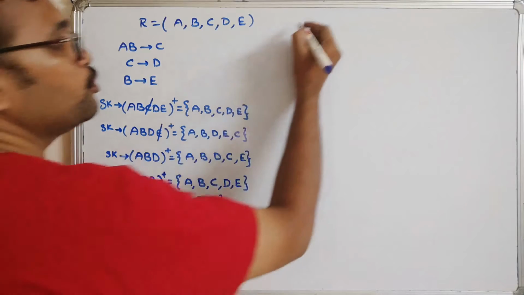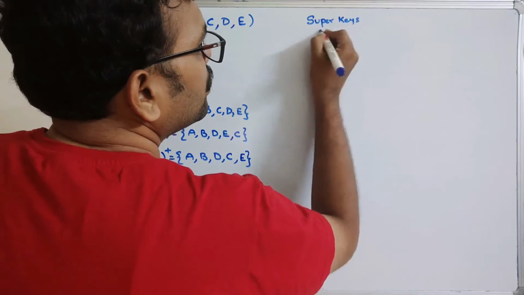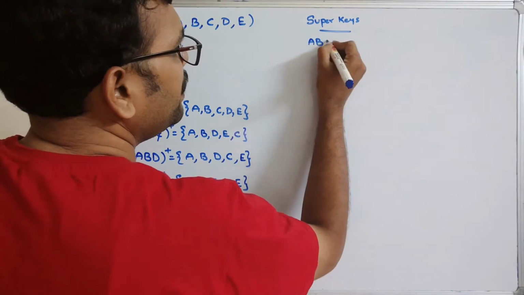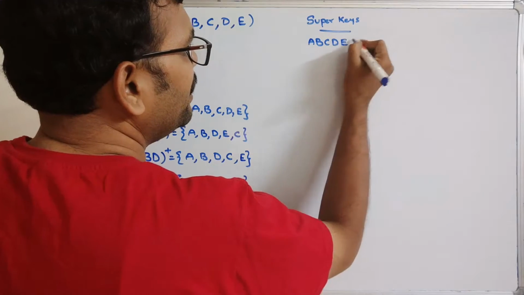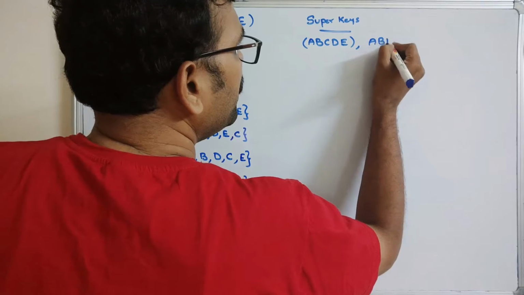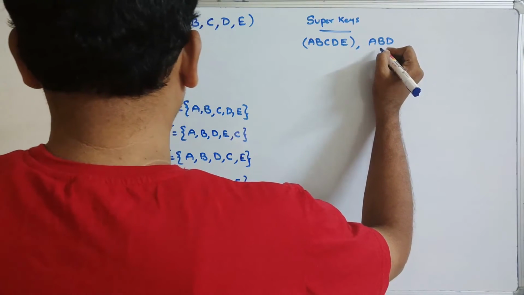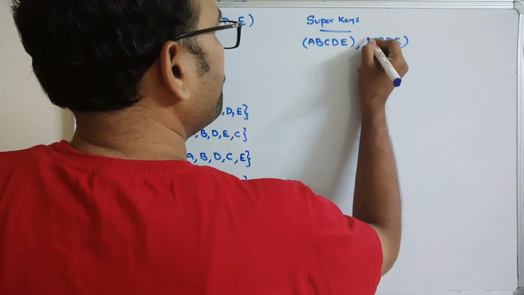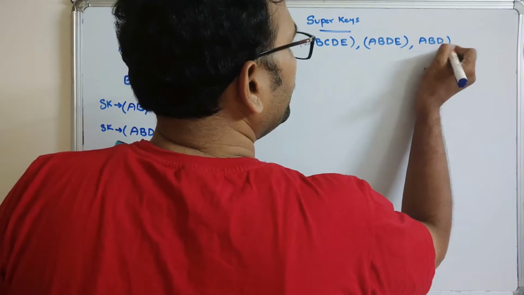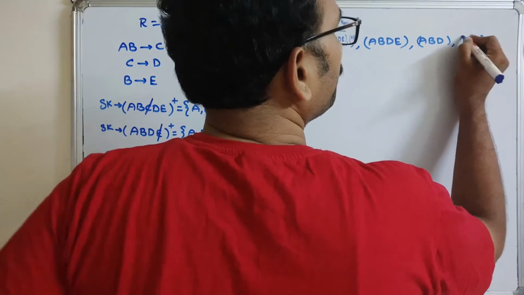So now the super keys for this relation are A, B, C, D, E, comma, A, B, D, E, comma, A, B, D, comma, A, B. Right?